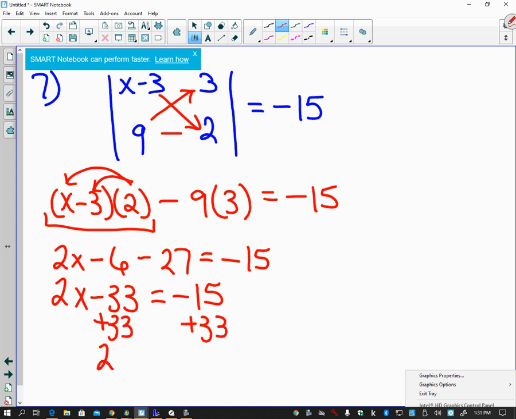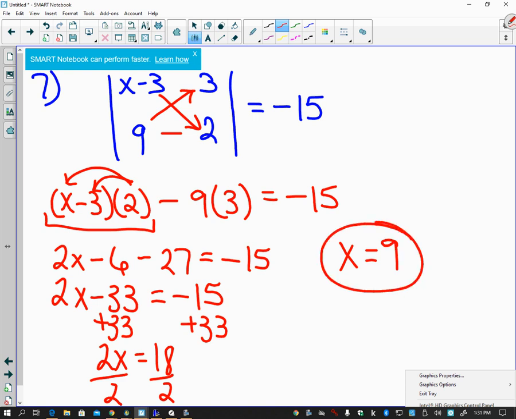Okay, so I have 2x equals what should be a positive 18. Okay, do what now? Divide by 2, divide by 2, x equals 9. That's really great because I thought, hey, I'm just throwing some stuff in here. So that's going to be your final answer on this question.